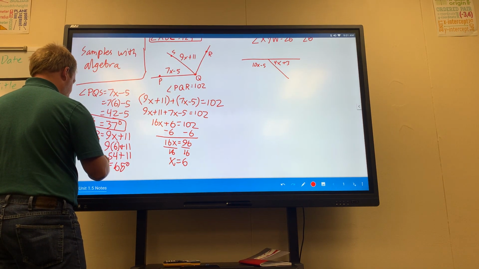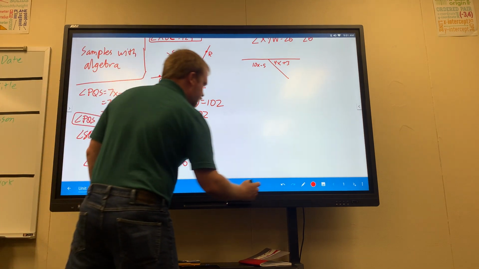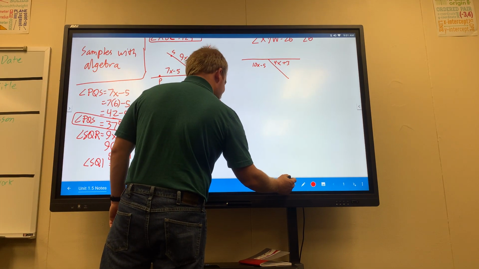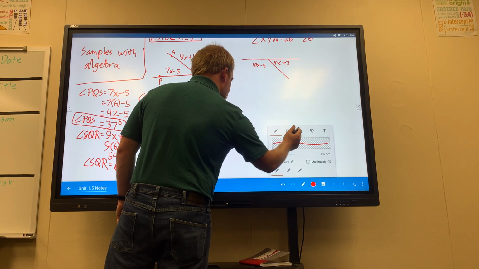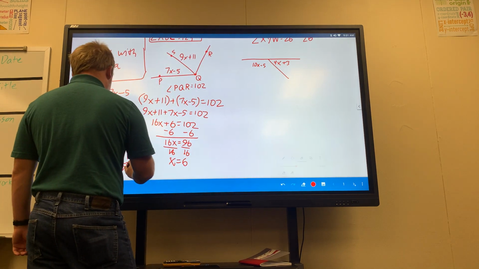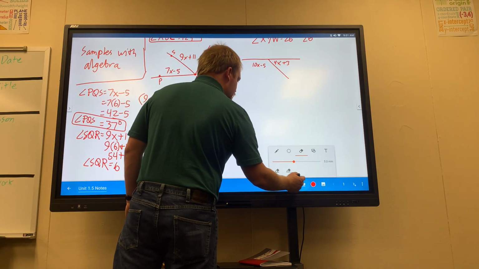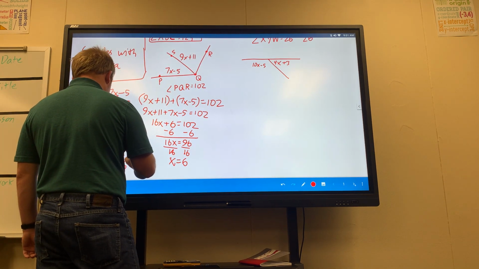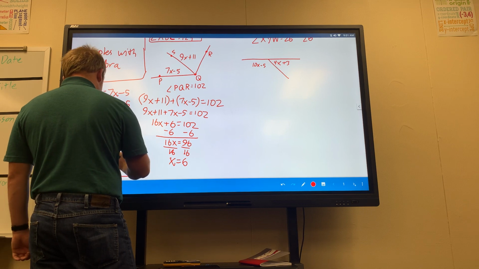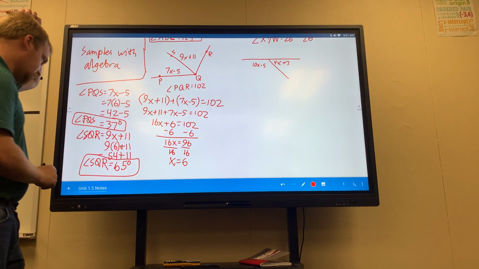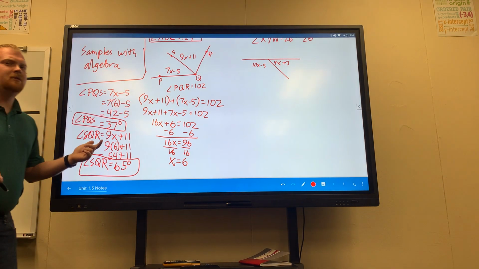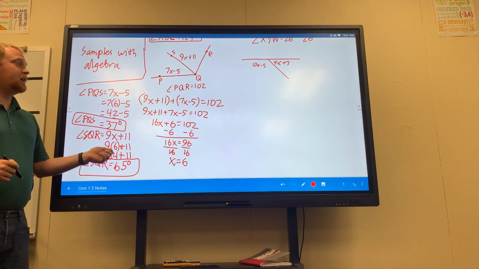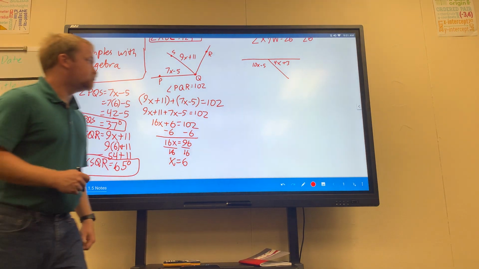So angle SQR is 65 degrees. So we do have to make sure that when we find x, we plug it back in.